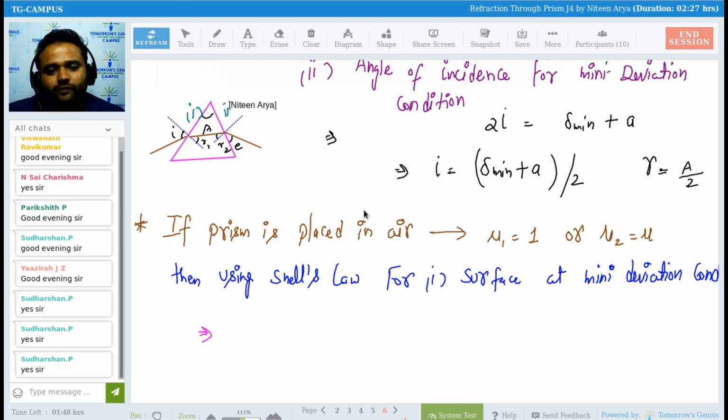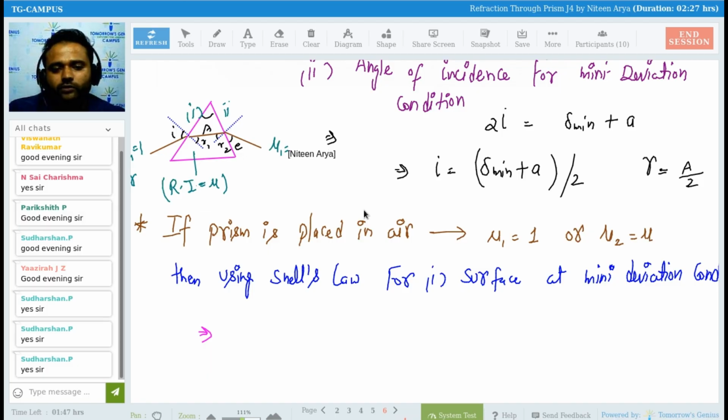So at refracting surface 1, again that is air, so mu1 is going to be 1 for air, and for mu2 I can put mu directly, the refractive index. Clear?